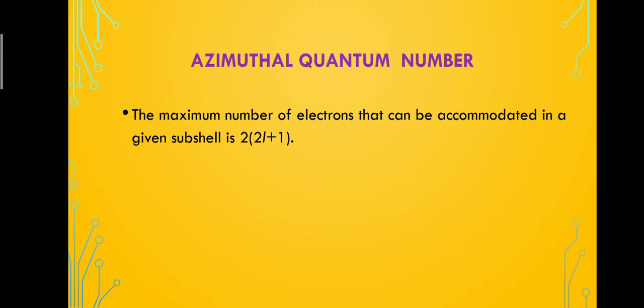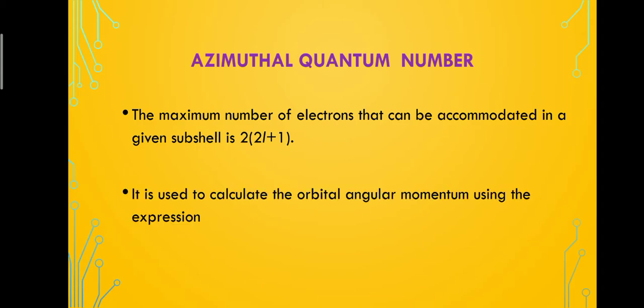Next, the maximum number of electrons which can be accommodated in a given subshell can be calculated by using the formula 2 into (2l plus 1). So for each subshell, how many electrons it can hold, we can calculate using this formula, 2 into (2l plus 1).